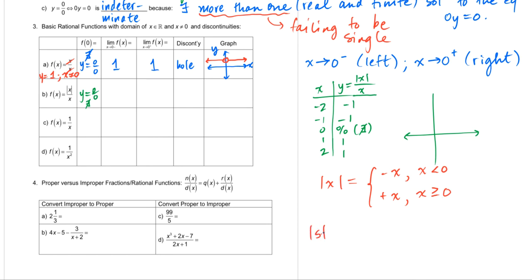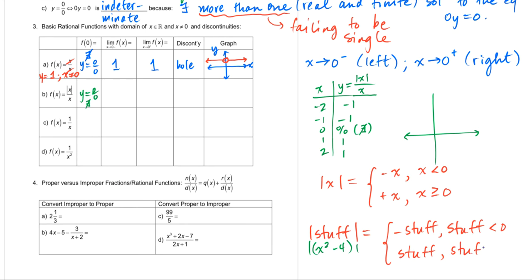So to generalize, we might write that not with an x, but with an expression. That expression could be something like x squared minus 4, for example, inside the absolute value. And we can say the absolute value either changes the sign of stuff if the inside stuff was negative, or the absolute value does absolutely nothing and just removes itself if the inside stuff is non-negative, and non-negative means positive or 0.